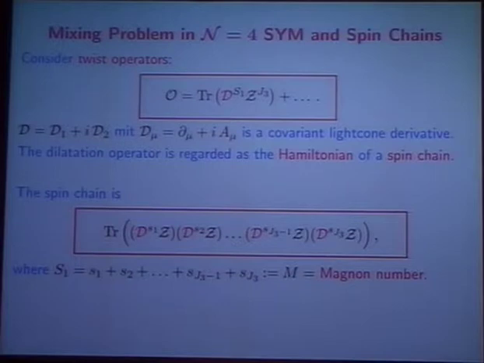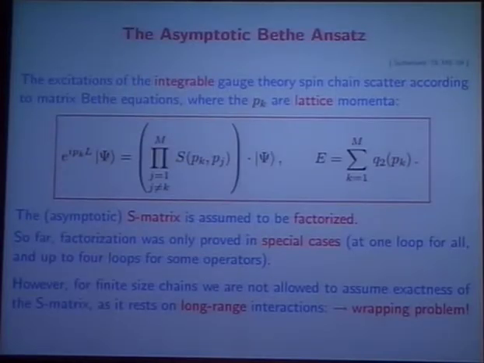Now we scatter these particles. That's a scattering problem. At one loop it's the nearest neighbor spin chain, but at higher loops it becomes long range. And there's a very beautiful concept called the asymptotic Bethe Ansatz that says that even with this long range interaction you can define an asymptotic S matrix, but it's really this one-dimensional S matrix here.